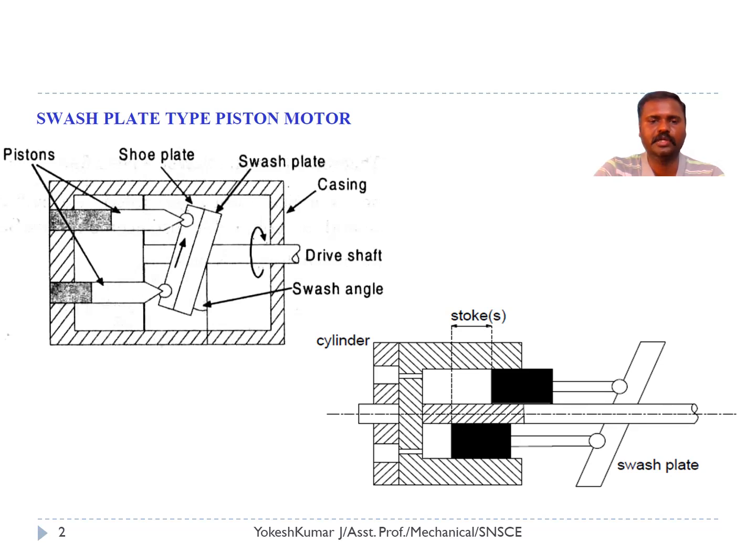The linear motion of the piston makes an oscillatory motion of the swash plate, and the oscillatory motion is converted into a rotary motion in the drive shaft. In the cylinder, one block is a stationary block.